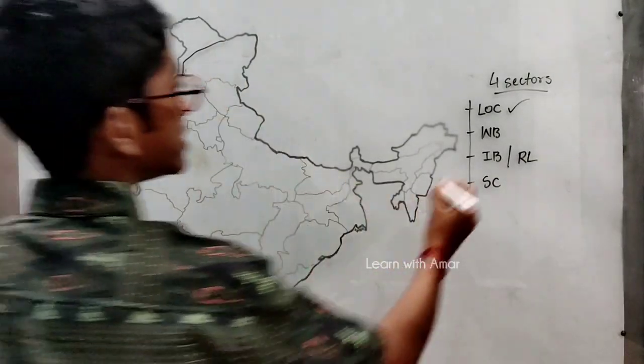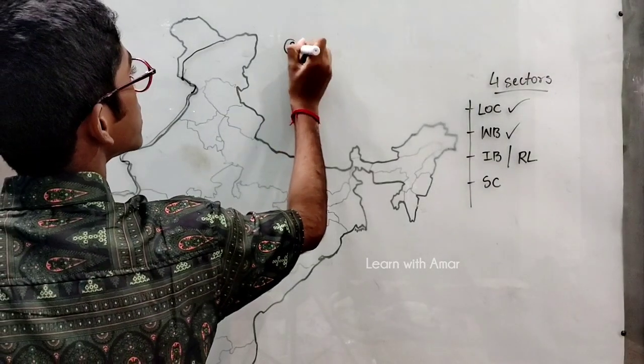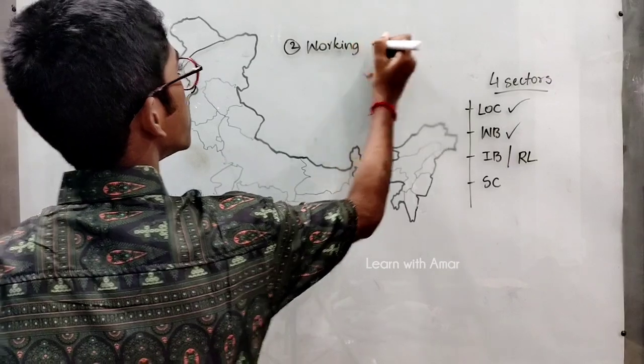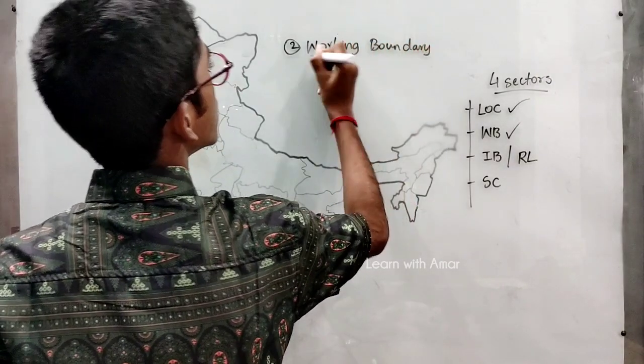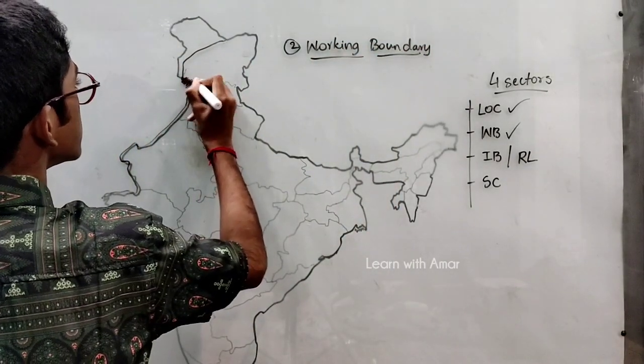Now coming to the next one, WB. We can call it working boundary, right? Working boundary, which this one is called.